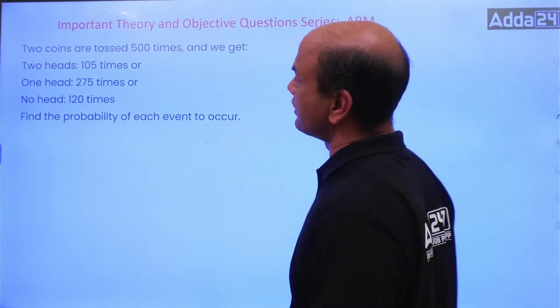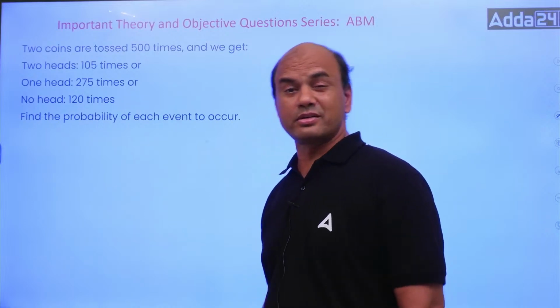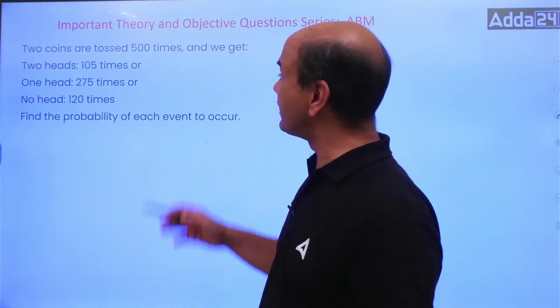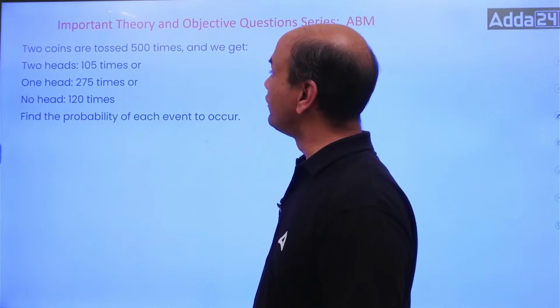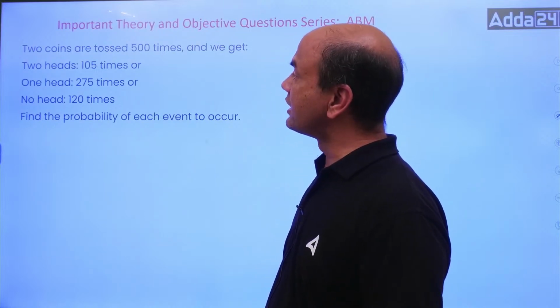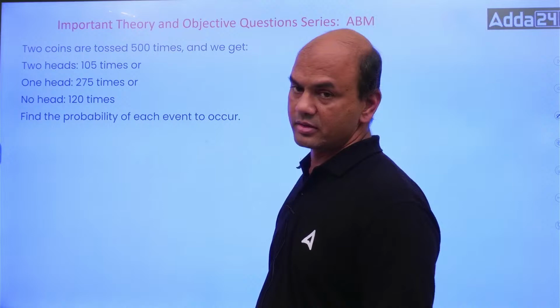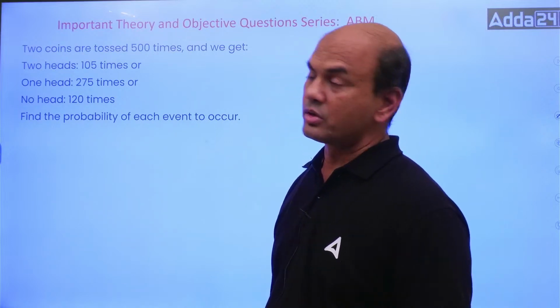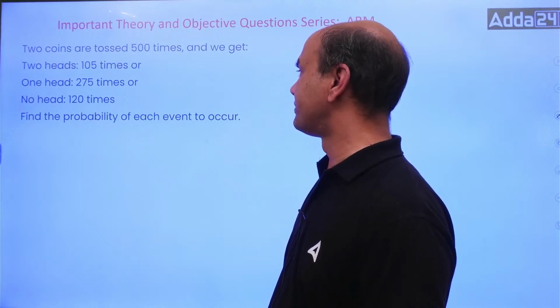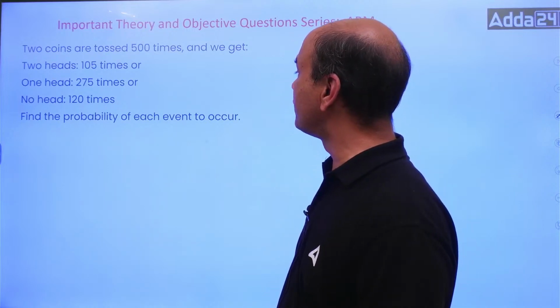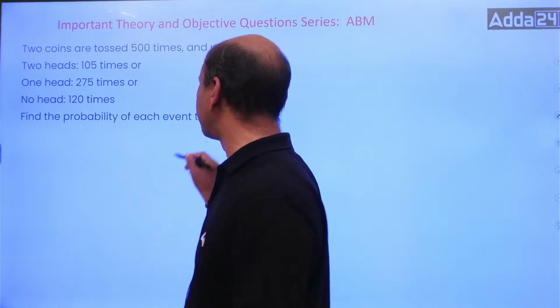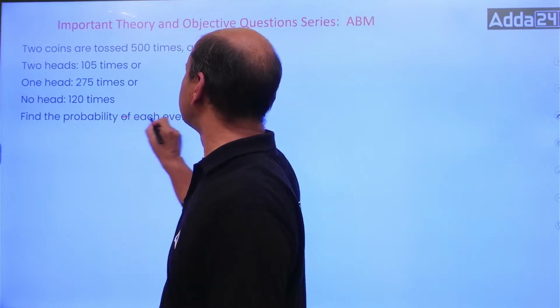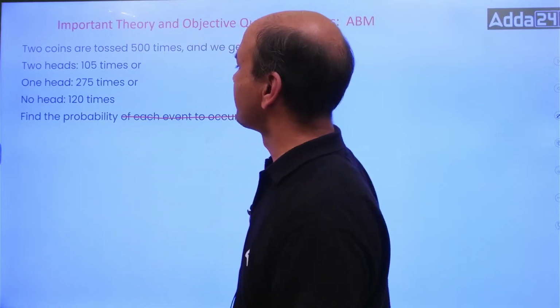2 coins are tossed 500 times. And we get 2 heads 105 times, or 1 head 275 times, or no head 120 times. Find the probability. Forget each event.